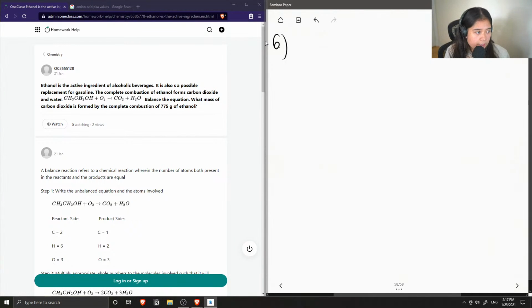Okay, so let's write out ethanol. It reacts with oxygen to form carbon dioxide plus water.